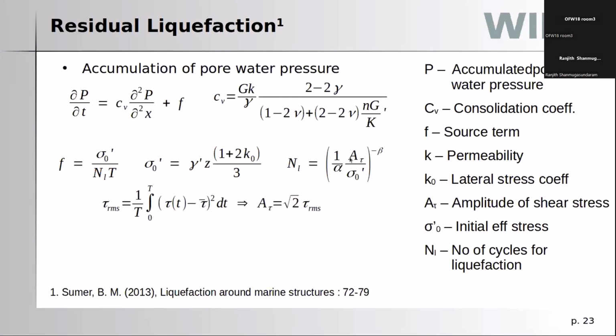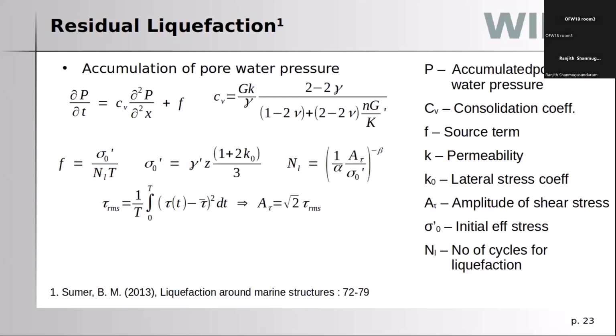For the amplitude of the shear stress, initially we don't have it for the complete wave cycle, so we need to wait for one wave cycle. After that, we calculate the root mean square of the shear stress, and from that we work out the amplitude of the shear stress from the equation shown here.